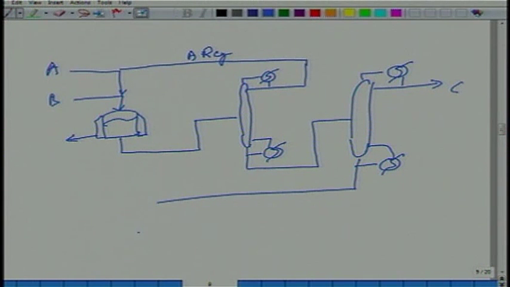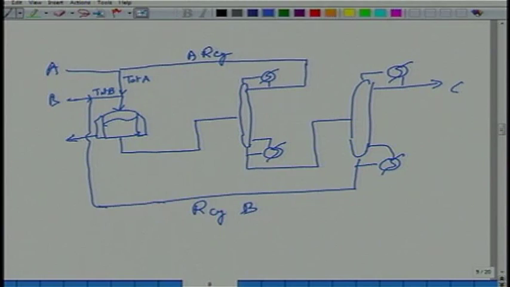Forgive me for some poor drawing, but let's just say, okay, so this is fresh B, this is total A, and this is total B, fresh plus recycle. Yeah, so this is recycle B.